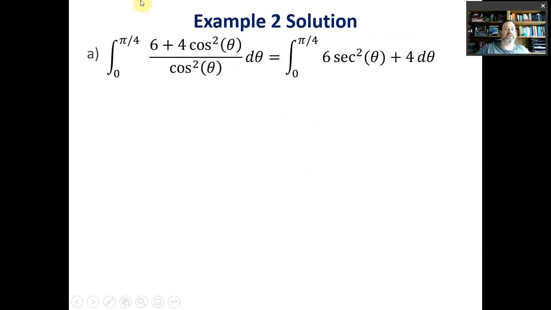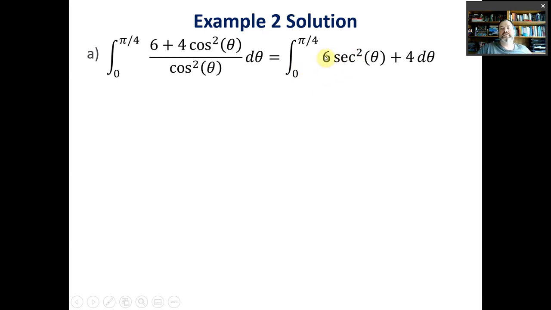So for the first one, 6 over cosine squared theta is just 6 secant squared theta. And 4 cosine squared theta over cosine squared theta is just 4. Now, I am allowed to take this integral and break it up into 2 separate integrals. But we're just going to break it up and then separate it again, so we might as well just keep it separated.